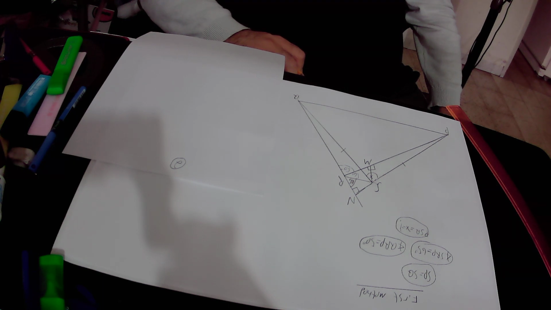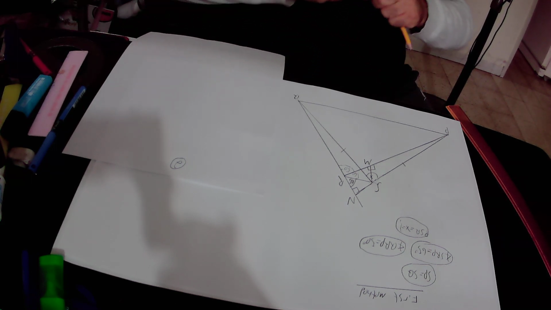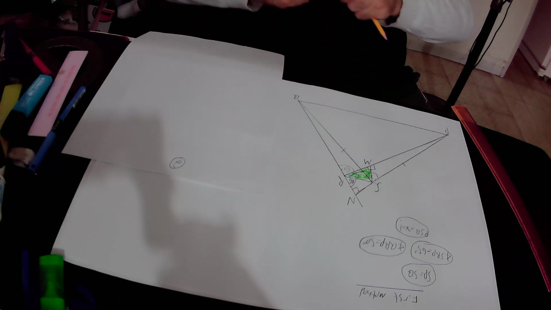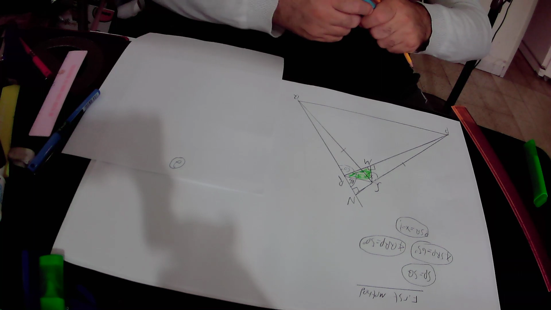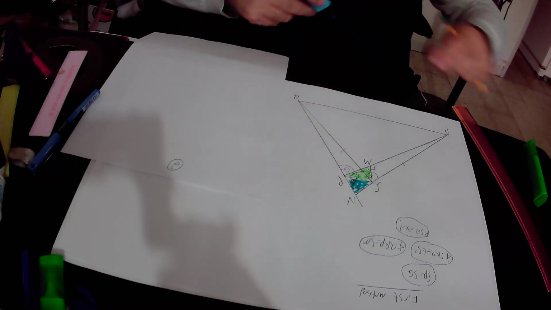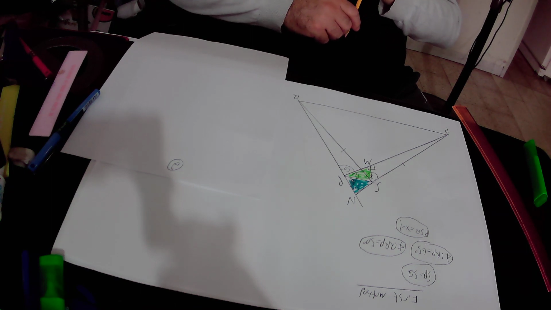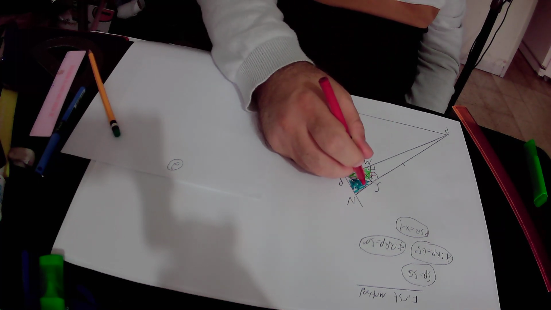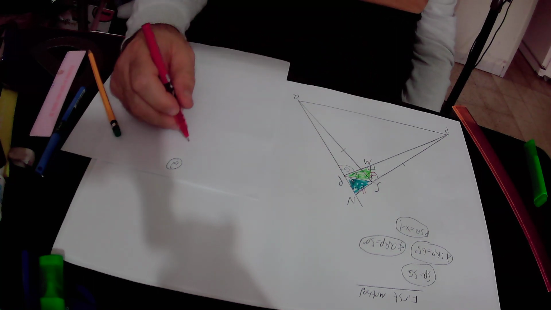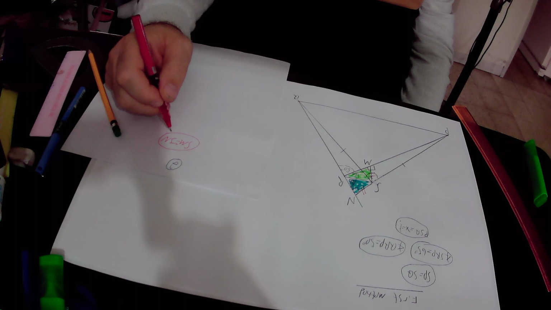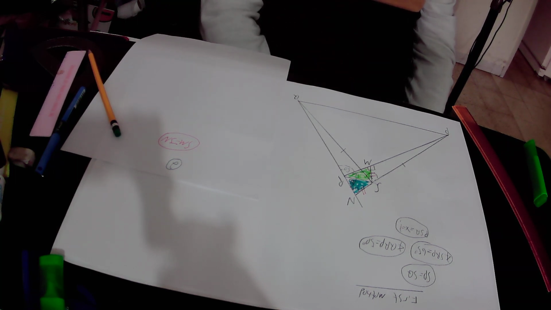And from the fact that the green triangle SMR is congruent to the blue triangle SNR, we can conclude that side SM equals side SN, according to the rule that corresponding sides in congruent triangles are equal to each other.